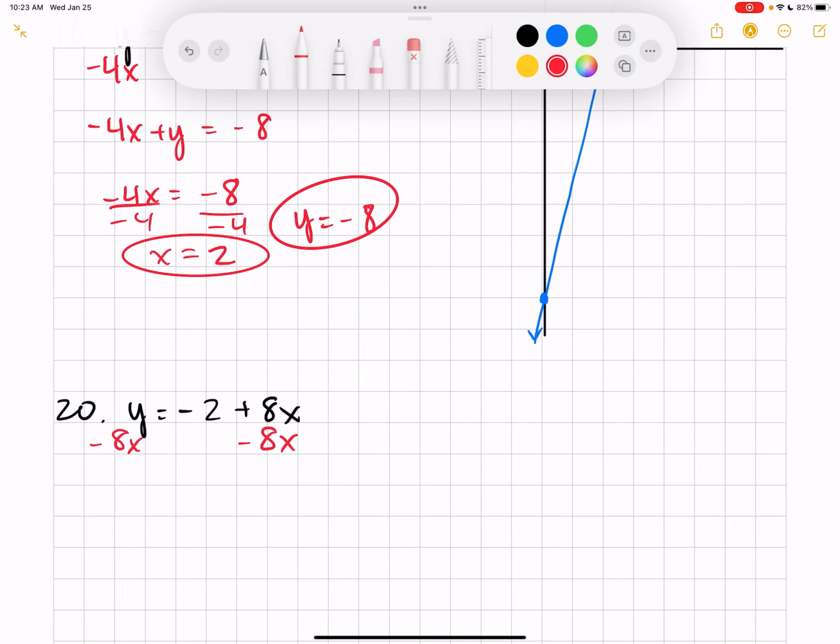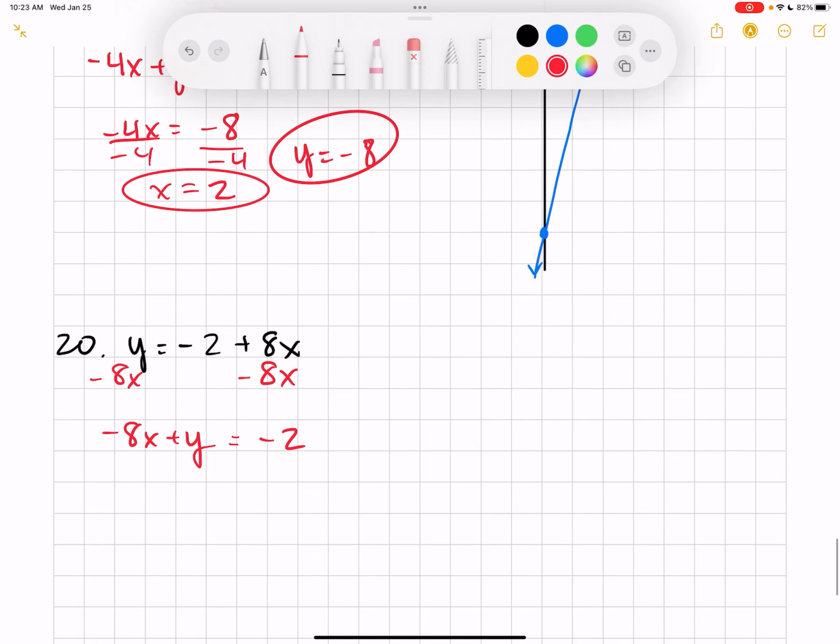So -8x plus y is equal to -2. And then how do I find my x-intercept? -8x equals -2. Then what? Divide by -8.